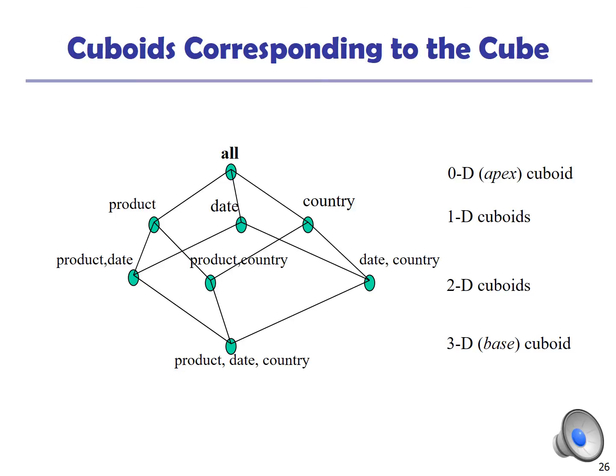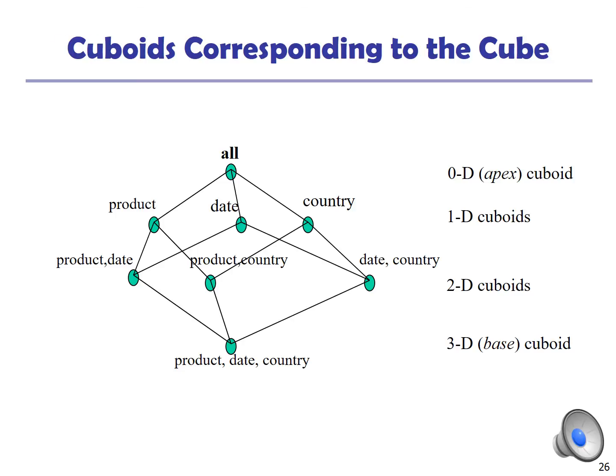Now let's look at the same sample cube but in the form of a lattice structure, right? Where you see the different cuboids which are forming with respect to the entire cube, right? So you have your zero-dimensional cuboid, which is the apex cuboid, which contains all, right? All the blue cuboid that we talked about. Then we have one-dimensional cuboids where you have just product. You can find the sum of just the product sales, or you can find it by date or country.